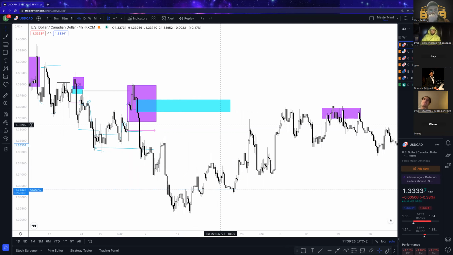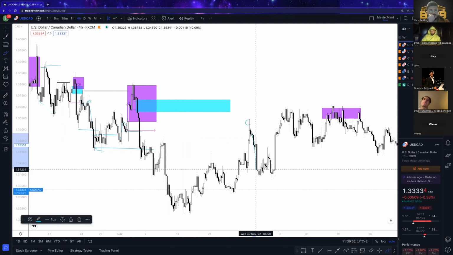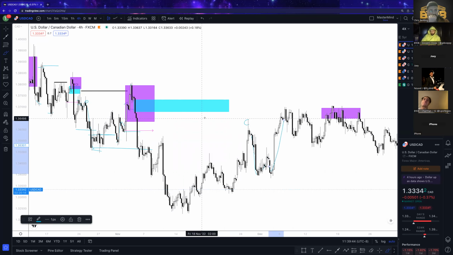Even though it's like, oh man, like it didn't come to where I wanted, I missed the trade, like it's already redistributed and it's taking off. Like no, you can always catch a trade, right? You don't have to be in everything, and it's just patience.